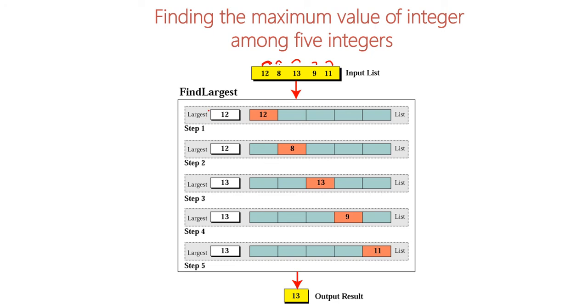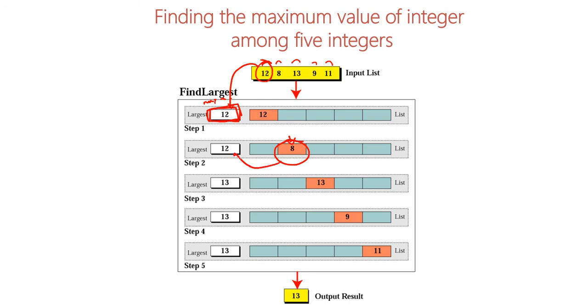The first thing to do is create a temporary place, and we store the first value in it. We set this as the place for the maximum value. Because this is the first one, the maximum is the first number, 12. Then we compare it with the second value, which is 8.